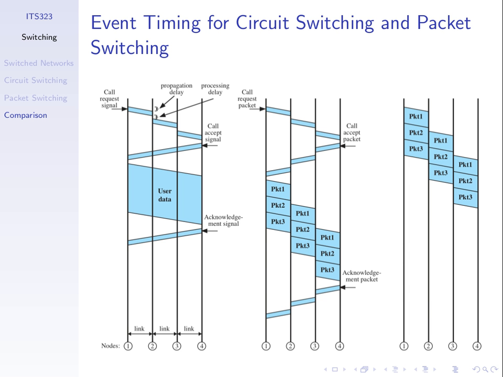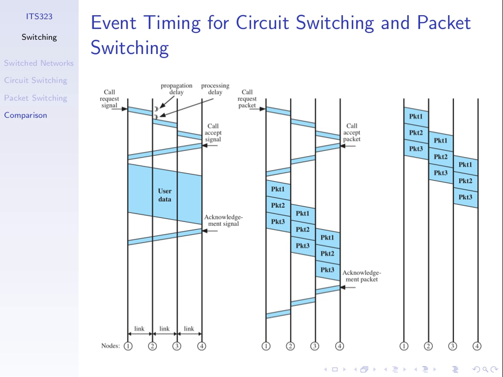With datagram packet switching, there's no setup phase. So the delay to deliver the data from when I have data to send depends simply upon what we just calculated: the number of links, the packet size, the header size, and so on. So that's an example with datagram packet switching.